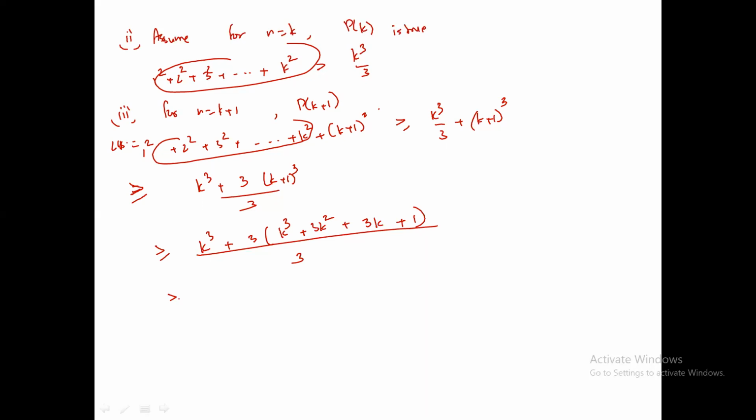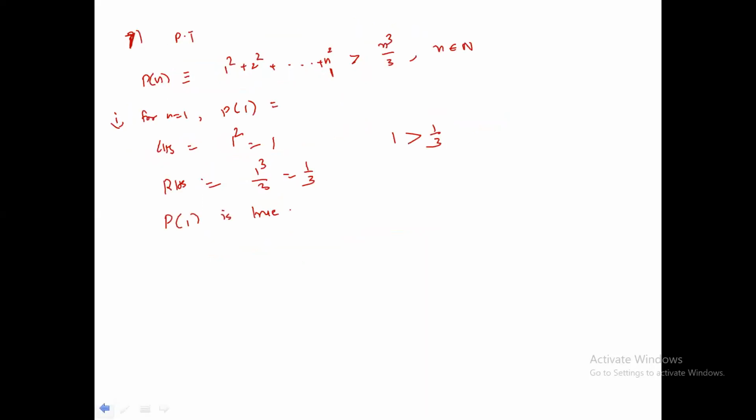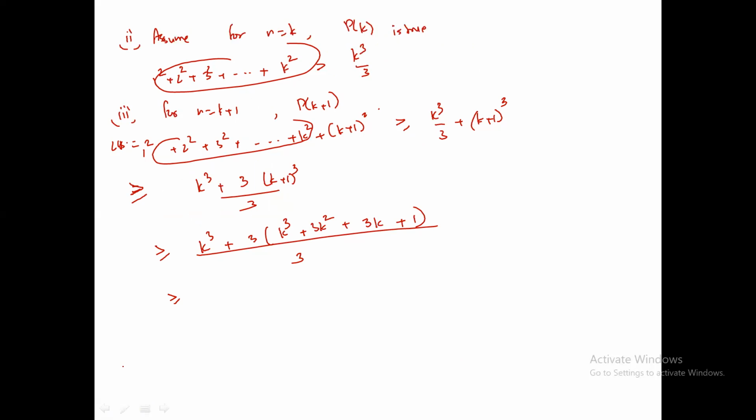This is k plus 1 whole square. It was not visible clearly, so I'm explaining here again. Listen carefully.